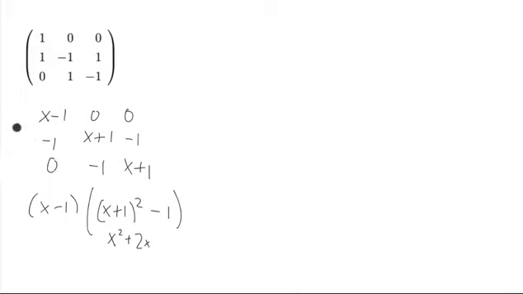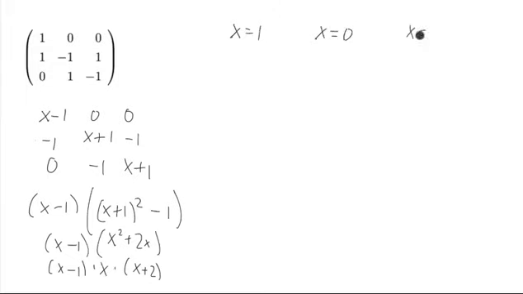So we get as our characteristic polynomial that times x minus 1, which gives us x minus 1 times x times x plus 2. So notice we get 3 different eigenvalues. Okay, so we get x equals 1, x equals 0, x equals negative 2, and the corresponding factors for them are x minus 1, x, and x plus 2.